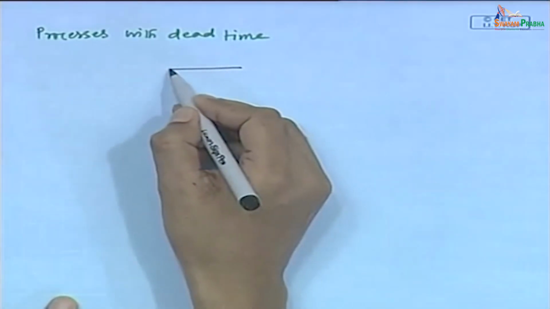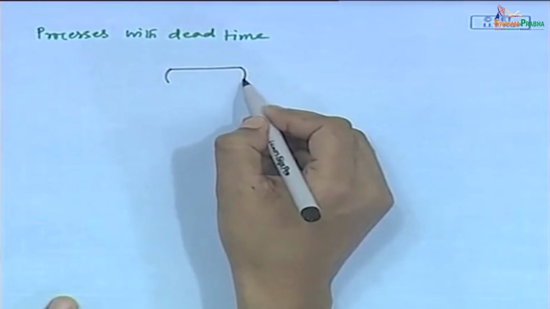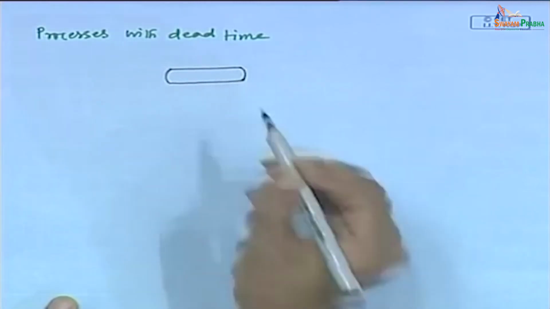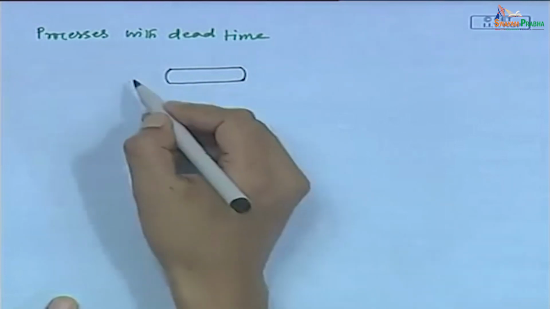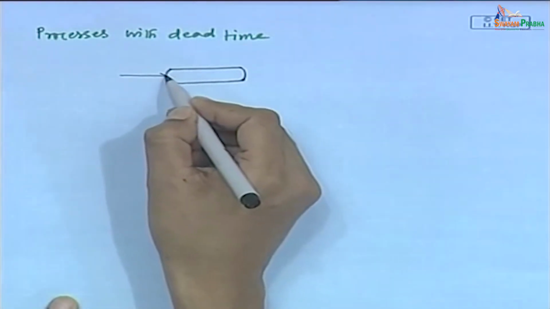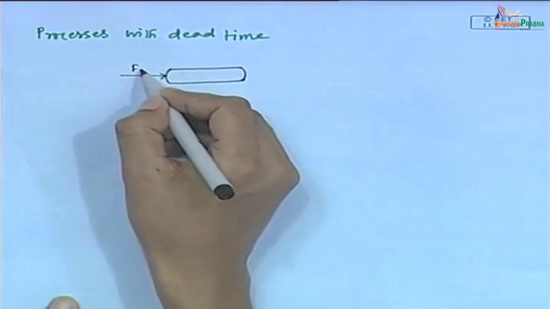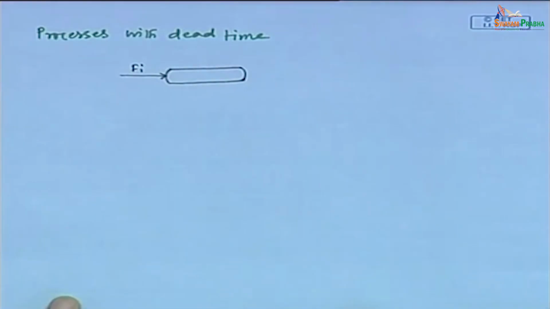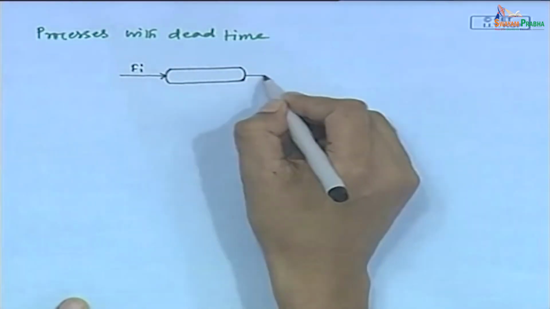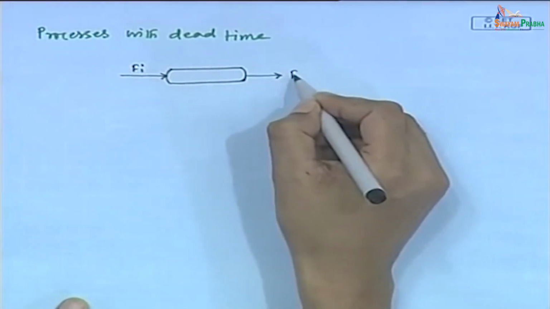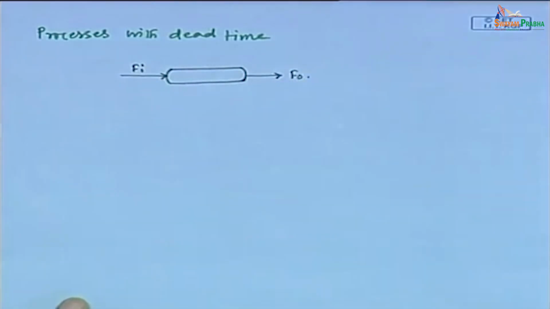Say this is a pipe through which a liquid is flowing with the inflow rate of Fi, and say the outflow rate is F naught. Fine. Now we are introducing a change, maybe a step change, at a particular time instant.